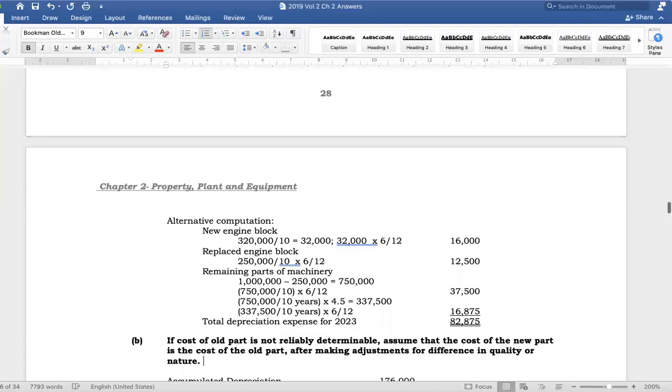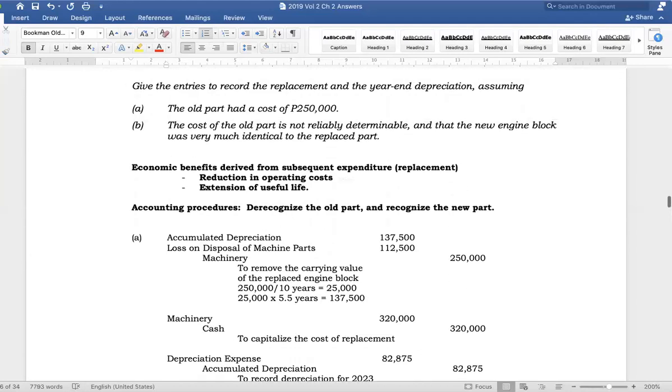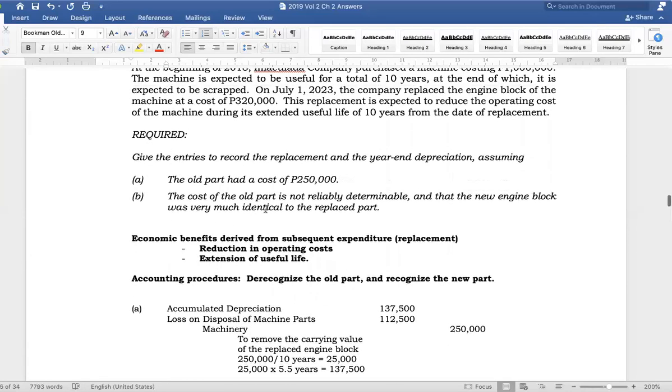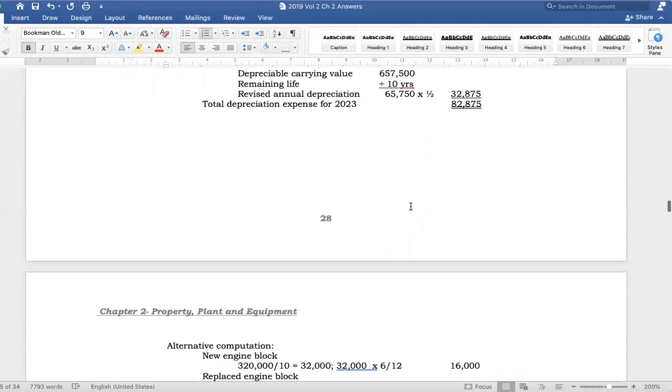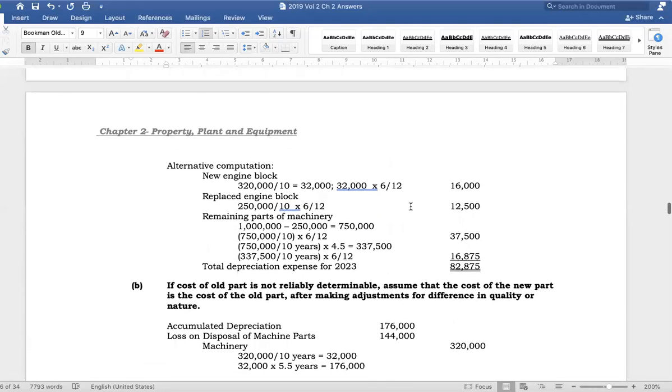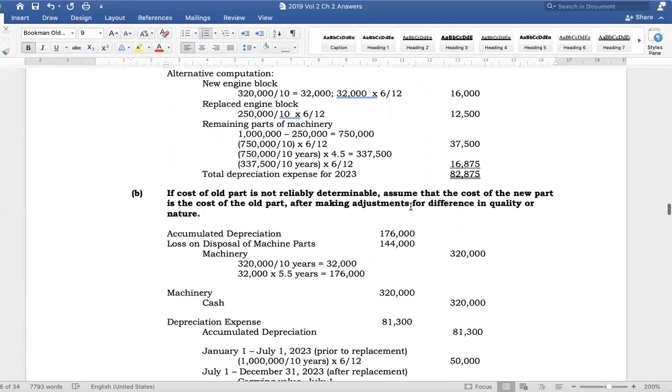However, it was stated here, we go back, that the cost of the old part is not reliably determinable, hence we will be using that assumption, and that the new engine block was very identical to the replaced part. Therefore, we will not make any adjustment on that assumed cost of the old part.